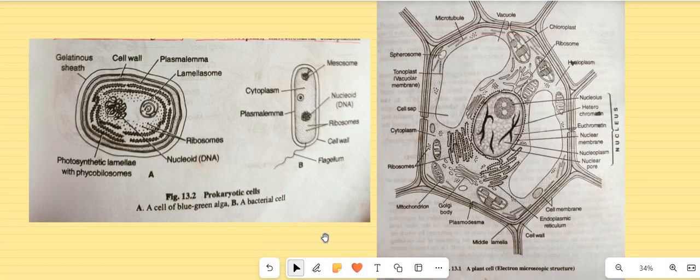This will also be a great help for you to draw a complete detailed structure. A very well defined structure is shown here for all the organelles, for each and every part of the cell, for the prokaryotic cell and the eukaryotic cell. And in eukaryotic cell I have given you the plant cell structure.